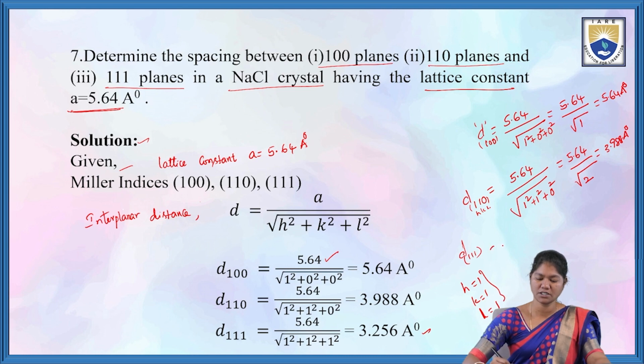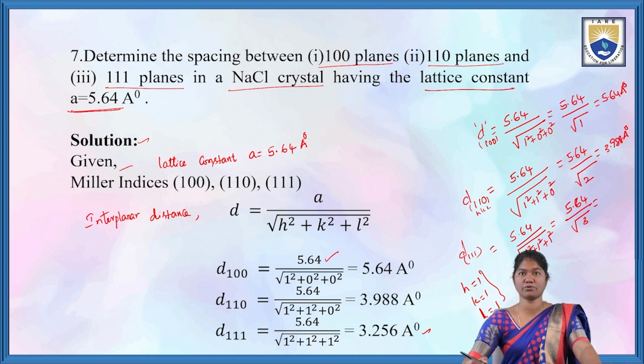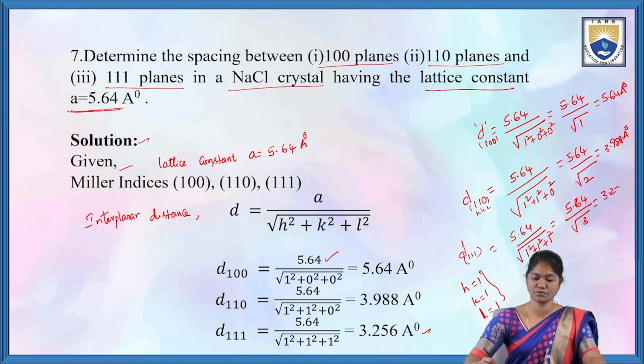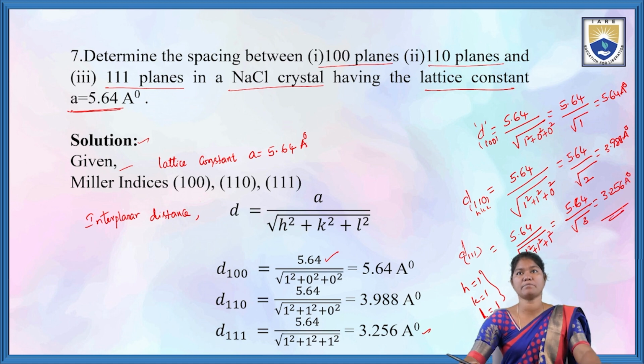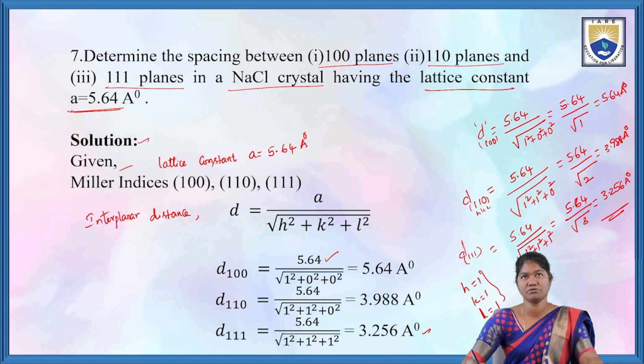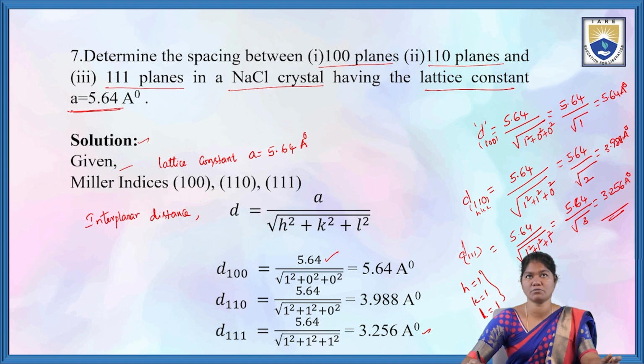So it is equal to 5.64 divided by root of 1 square plus 1 square plus 1 square, which is 5.64 angstroms divided by root 3, and the value is 3.256 angstroms. So this is the interplanar spacing between the planes 100, 110, and 111 in a sodium chloride crystal.